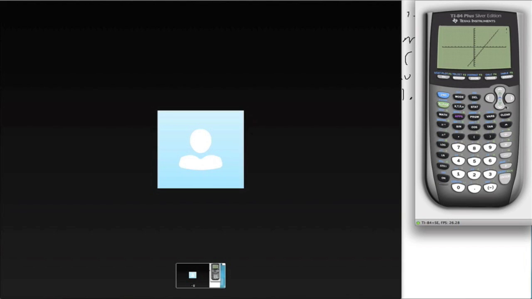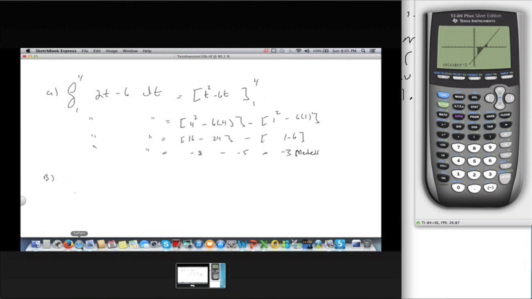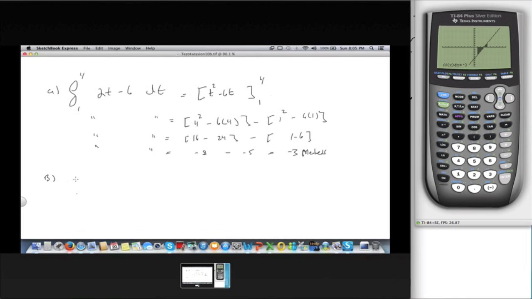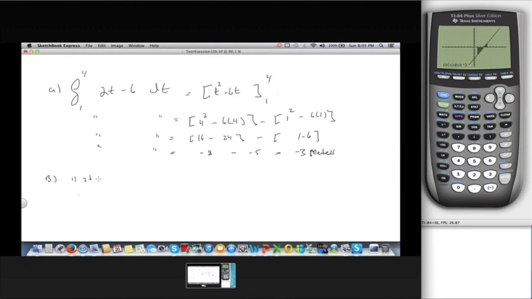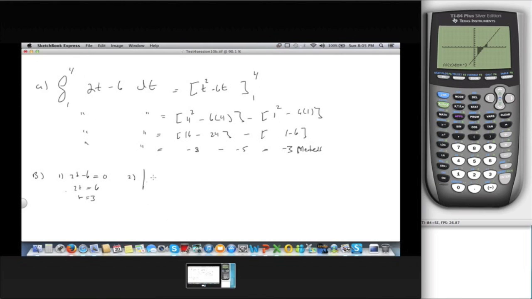Now for B. Okay, for B we do it like this. So start at 1. Oh wait, first we have to find where v equals 0. So for part 1, 2t minus 6 equals 0. 2t equals 6. t equals 3. So part 2. We started at 1.